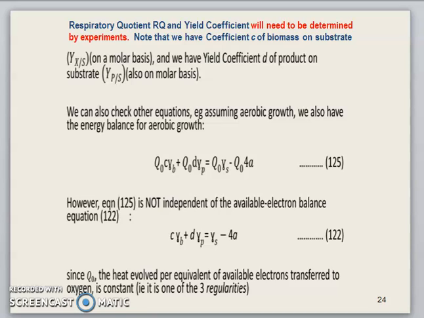However, the equation of energy balance for aerobic growth is not independent of the available electron balance equation given by 1.22, here in the notes, since Q_O, the heat involved per equivalent of available electrons transferred to oxygen, is constant.